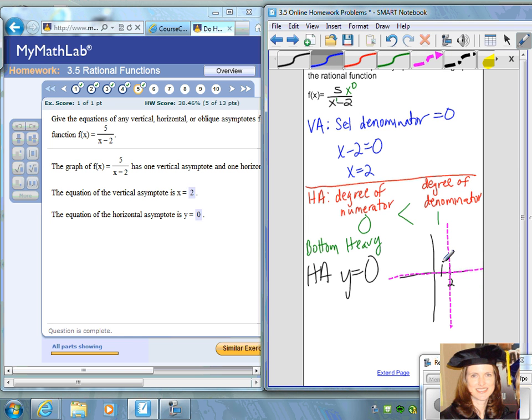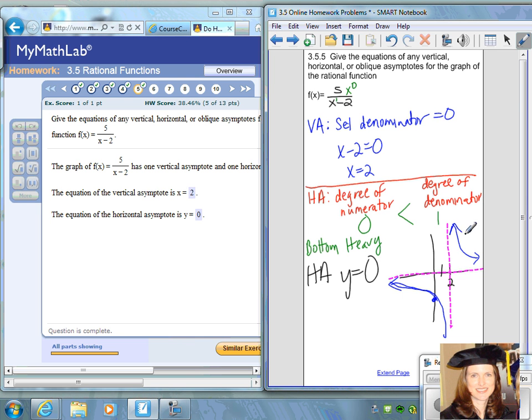For example, if you plugged in 0 for x, you would get -5/2. If you plot enough points, you'll begin to see that this rational function is going to look something like this. You can also check with a graphing calculator to observe any behavior that may look like an asymptote.